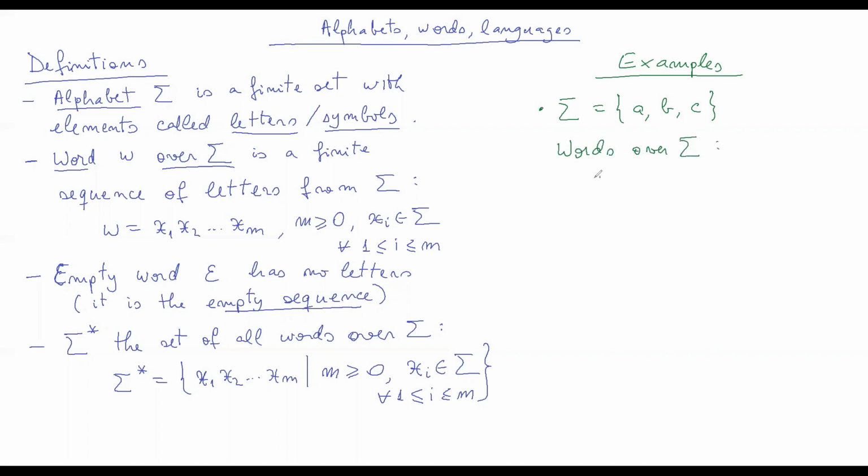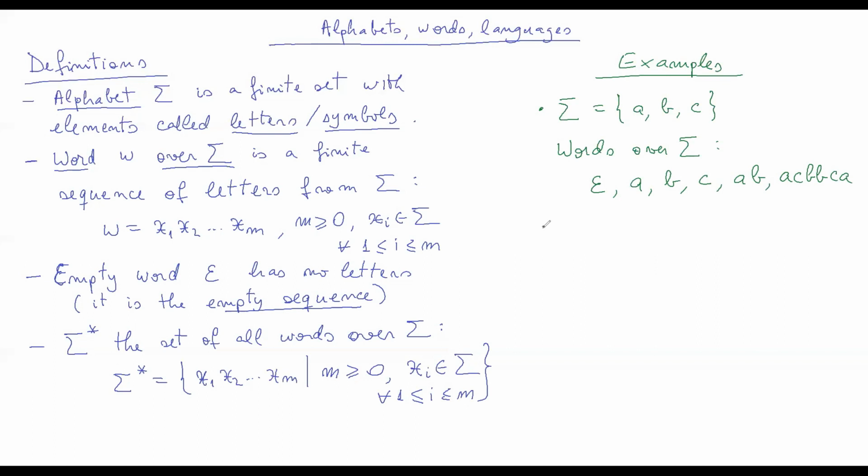So we could have, for example, the empty word. We could have A is a word, it's a sequence formed by just one single letter. So is word B, so is word C, but also word A, B, and also we could have A, C, B, B, C, A. For example, that's also a word over sigma.